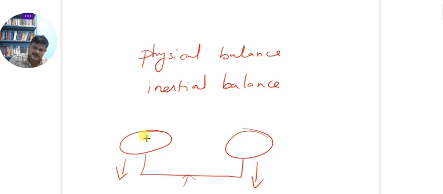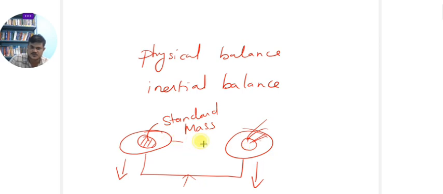When a 1 kg standard mass is placed here and some object, groceries, are placed here, and the two pans are exactly level on a straight line, the two masses are equal, because gravitational pull acts towards the center of Earth on the left side and the right side equally. Clear? That is why it is called a physical balance.